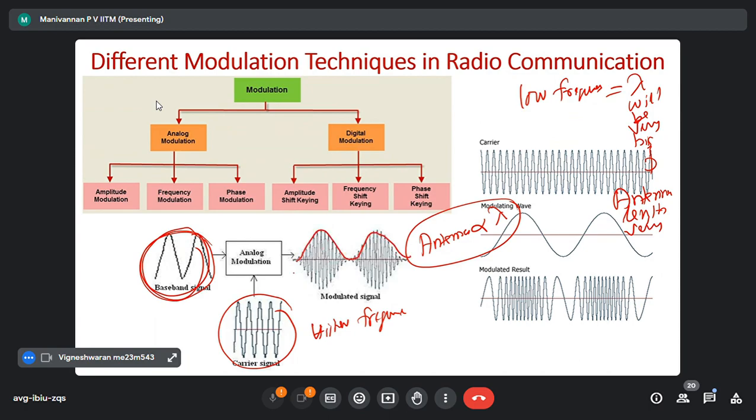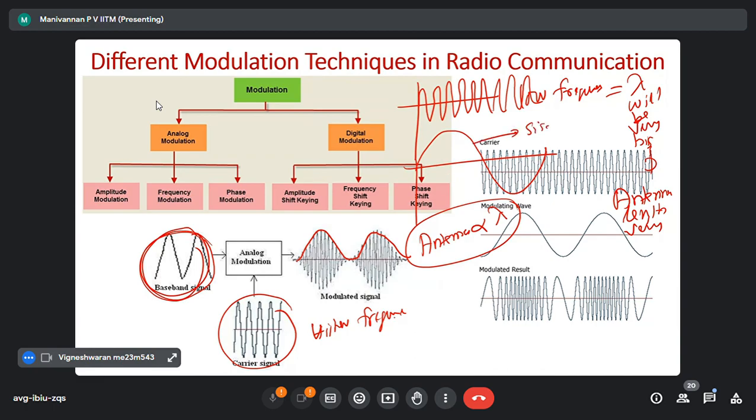Before modifying, let me show you another waveform. So this is my carrier signal. Then I have my input signal. This is what I wanted to transmit.